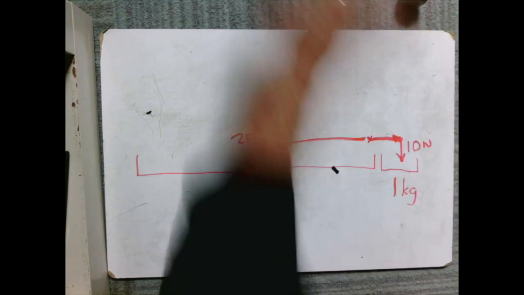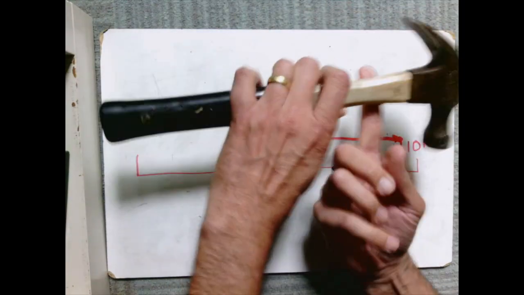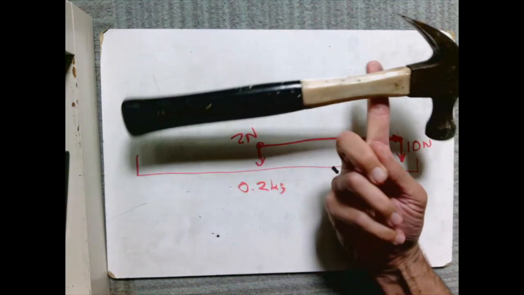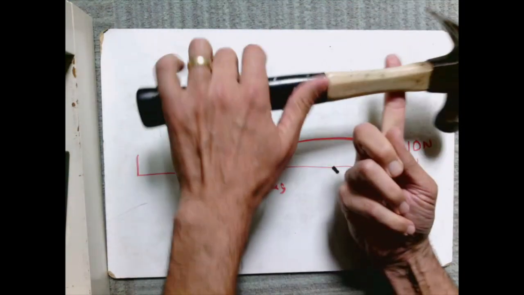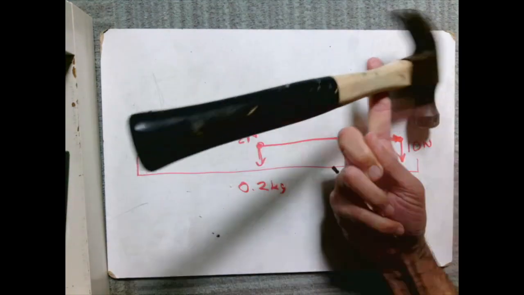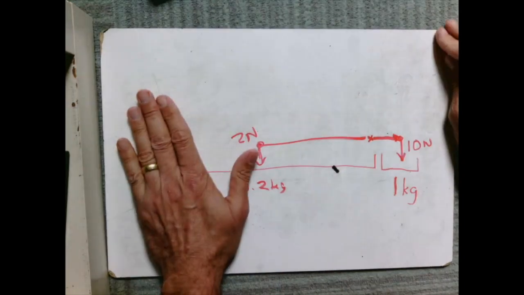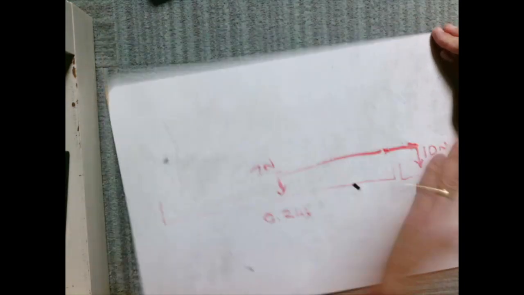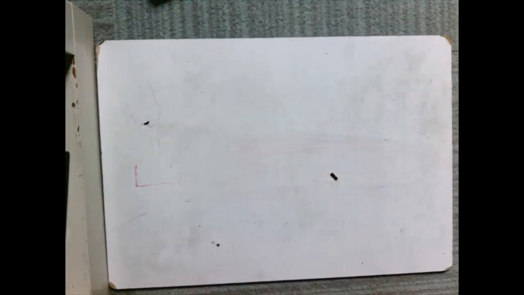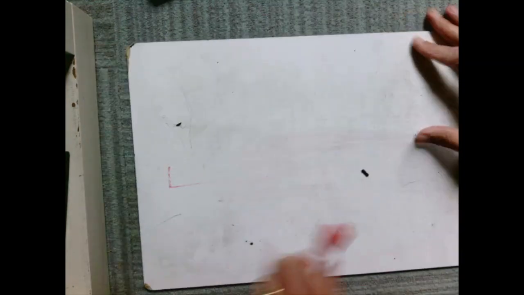So that's why it balances. If I figure out where it balances, that's where the center of mass is. And you can see it's way over towards the heavy part. And in fact, any kind of system, any kind of object, it's going to end up being that balancing point.